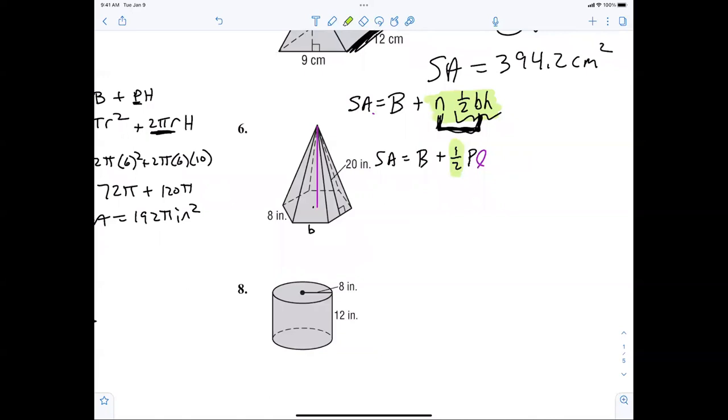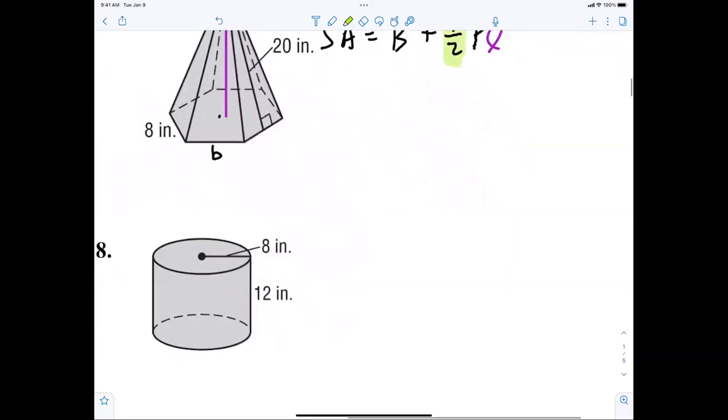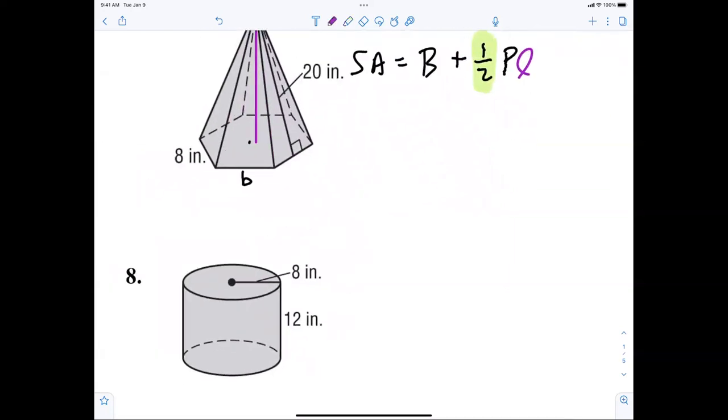So now what we're going to do is try to calculate the surface area of this hexagonal pyramid. So here we go, surface area is equal to, we have a hexagon. So we're going to calculate the area of the base, which we already did. The hexagon is unique because it forms what kind of triangles?